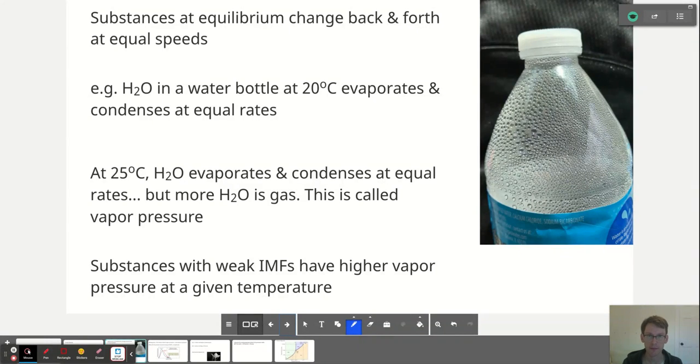Water, you may not look at it and notice that there is water vapor above the water, but there is. So if you have a bottle of water that is standing upright, let's say it's not entirely full, there's the surface of the water, you will notice that over time there will be particles sort of above the surface of the water.